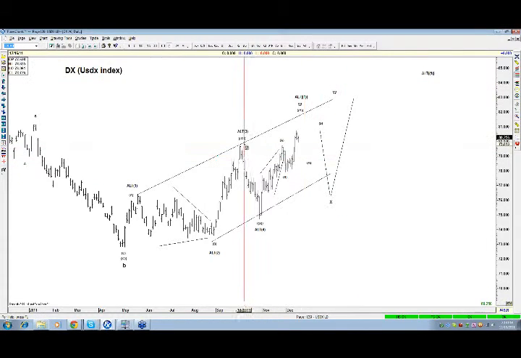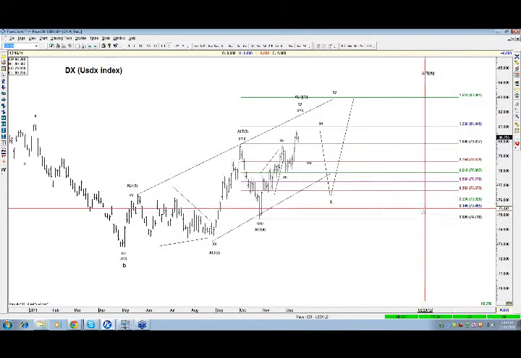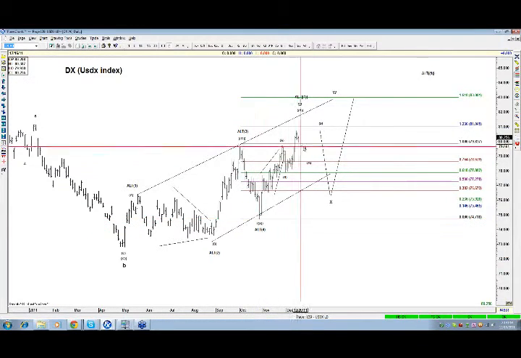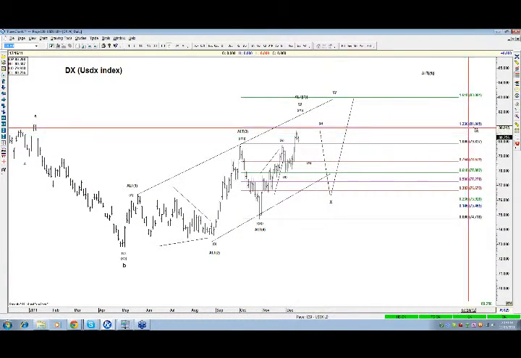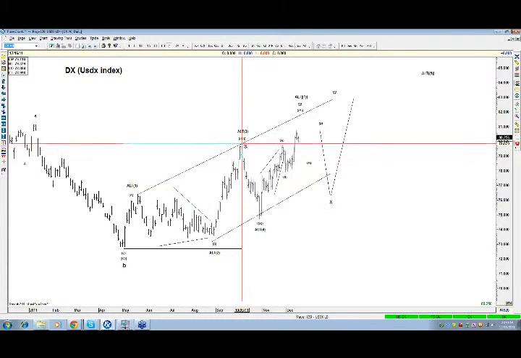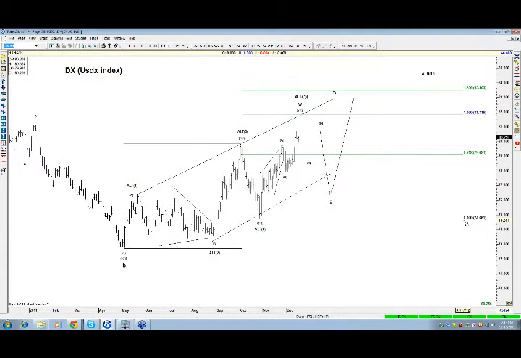Now, if you do the reverse of the S wave, many times the top of the W, or the Y, I'm sorry, ends at the 1.236 or the 1.618 of the inverse A. That comes at the 81 area also. And then finally, I believe if you measure this one side and you put it on top of this one, it comes to around 81.